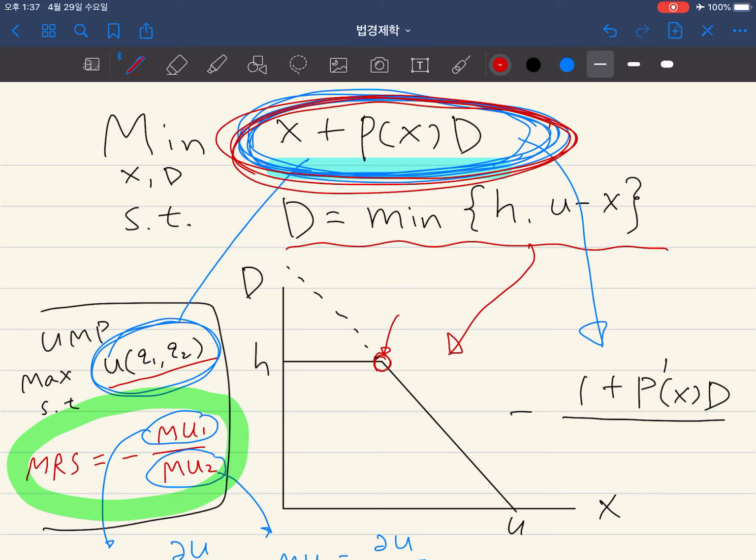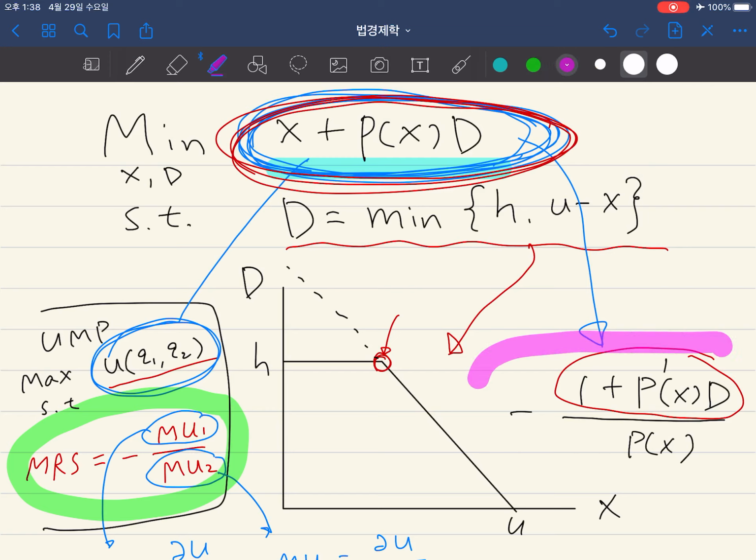Take this function and take derivative with respect to x, then you get this numerator. And in the denominator, we take derivative with respect to d, then we get px. This formula over here represents slope of something like an indifference curve.